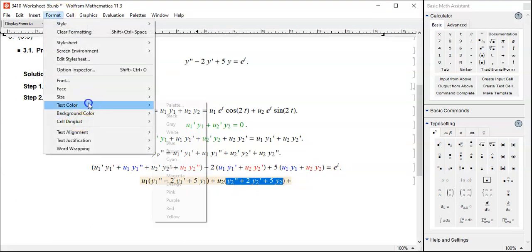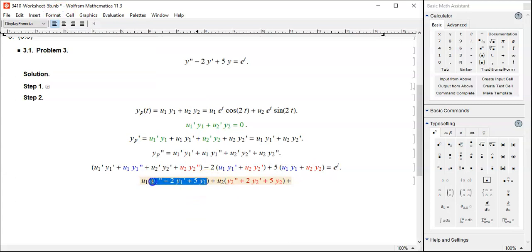So these red and these blue terms are becoming 0, and what's left is only the black part: u1' y1' plus u2' y2' equals e^t. The other part is 0 because y1 is a solution of the homogeneous equation, and so is y2, so you're going to get only this part.